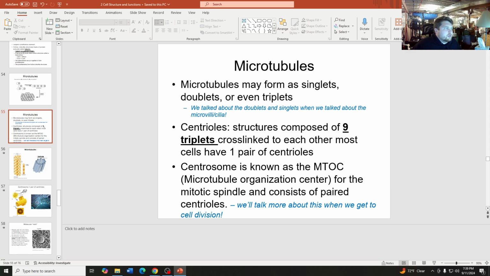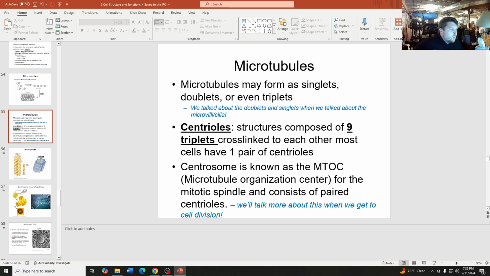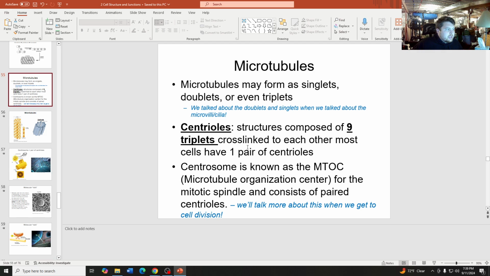So this is just showing you can have single microtubules, you can have them in doubles or even triples. The example for the triples is a centriole. A centriole has 9 triplets, and most cells have one pair of centrioles. These will play an important role in cell division and cell mitosis when we get to that component later on.